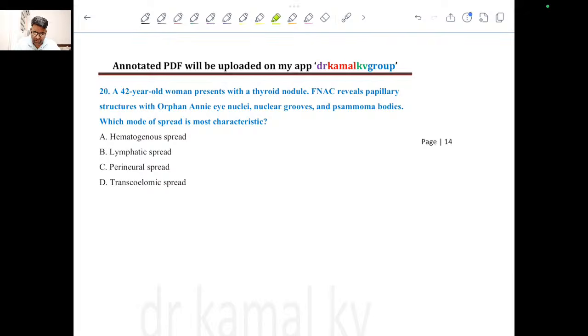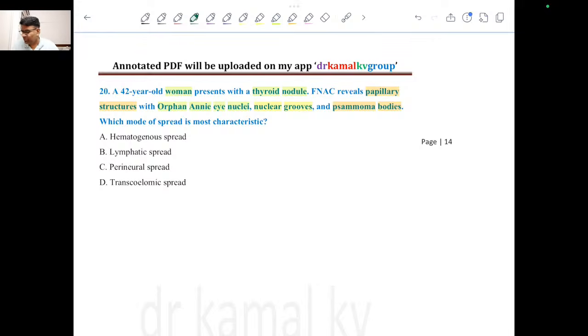A woman has a thyroid nodule, then FNAC reveals papillary structures and Orphan Annie nuclei. There are nuclear grooves and Psammoma bodies. Now I think the moment you have this many keywords, yes Bhuvana, you are absolutely right.